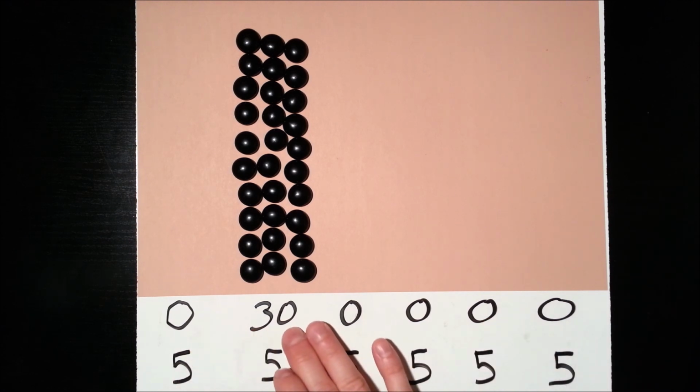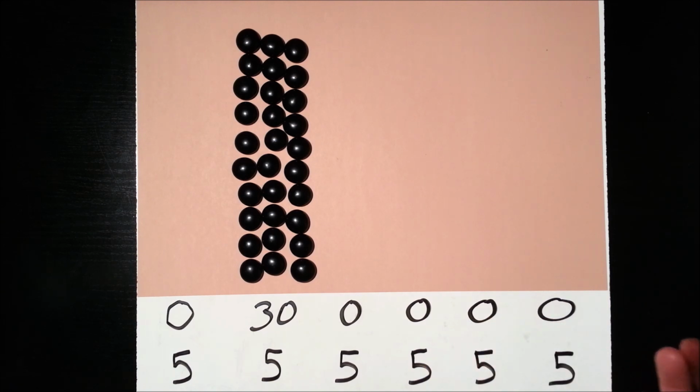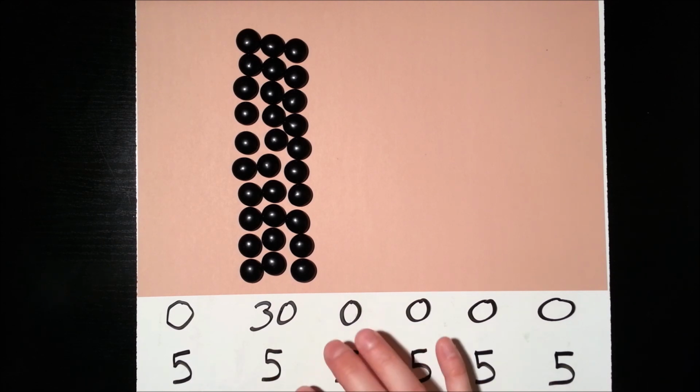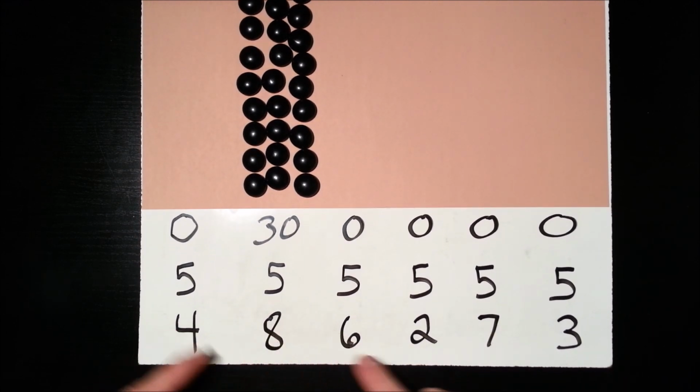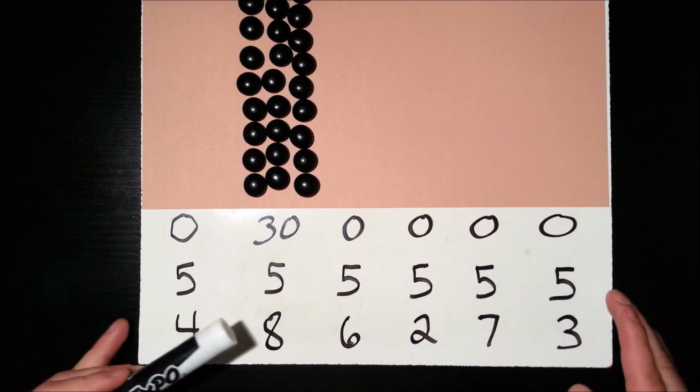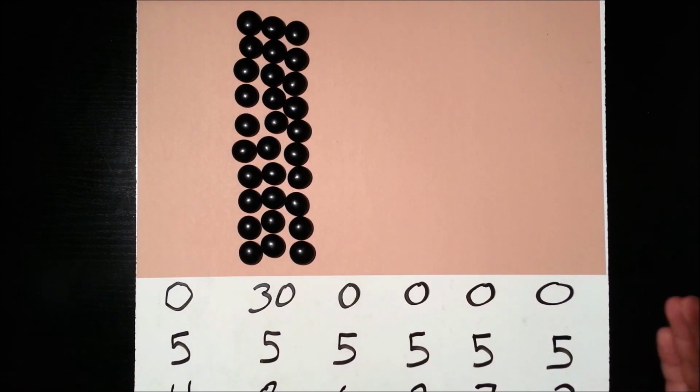So a 0, a 30, and a 0, a 0, a 0, and a 0. I have an average of 5. So getting the same thing every time, average of 5, again, getting slightly different numbers each time. An average 5, getting extremely different numbers every time. We could average 5.